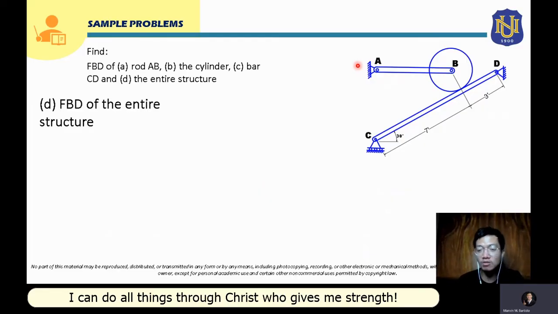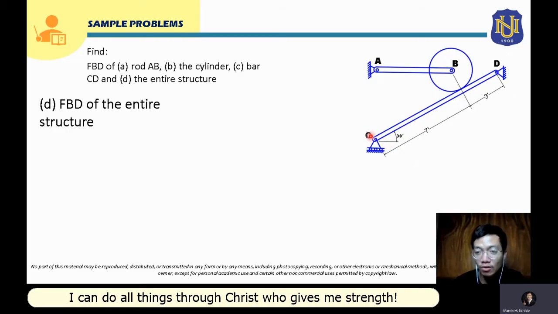So we will show here the reaction forces that are provided by the hinge at point A. And also, this cylinder is also supported by bar CD, but now, what supports this bar CD? This bar CD is actually supported by a roller support at C and a hinge support here at D. Now what supports the roller here, or the frictionless surface here?